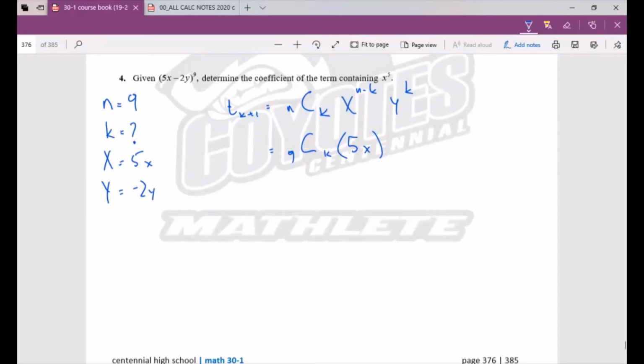Our exponent is 9 minus k. That's the best we can do with that. Y is negative 2y. And our exponent on that is k. That's all that we know. Now, a couple things about this. We should keep in mind that n minus k and k just add to 9. They're just two numbers that add up to 9.